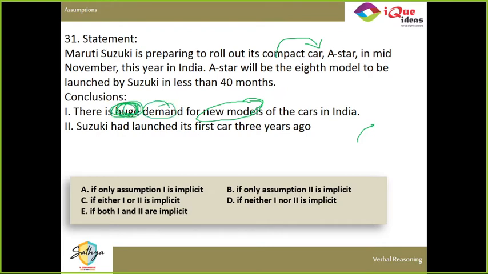Even if the demand is not huge, they can still introduce new cars, right? The word huge makes this assumption a weak one. If the word huge was not there, then definitely yes. Only if there is a demand, you will launch a new car. But the demand does not have to be huge, right? I don't need to assume that it is a huge demand. Even if it is a mediocre demand, I can still launch a new product. So A is not necessarily true.